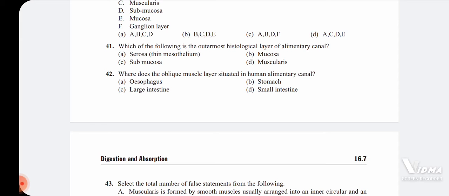Next 42nd question, where does the oblique muscle layer situate in human alimentary canal? The oblique muscle layer is situated in the part of the stomach.